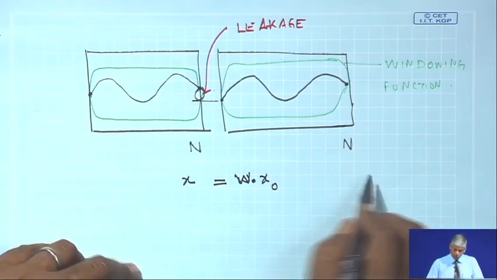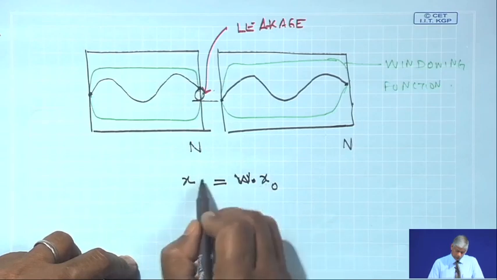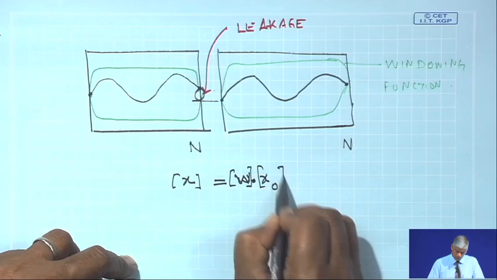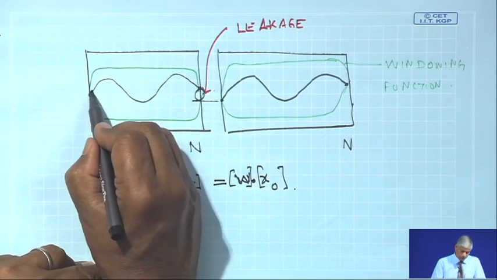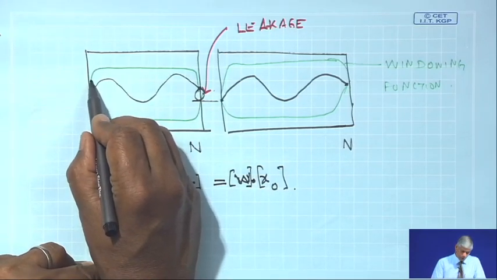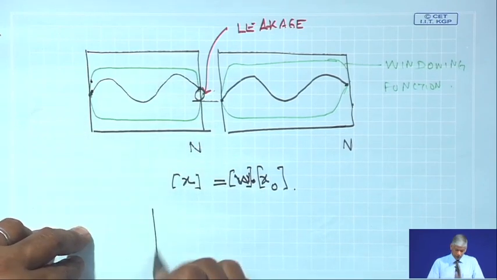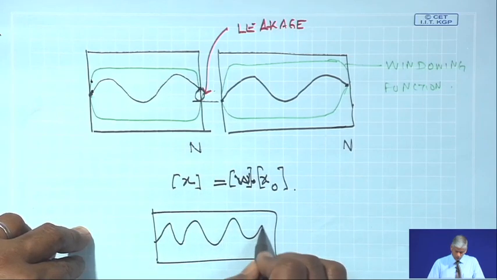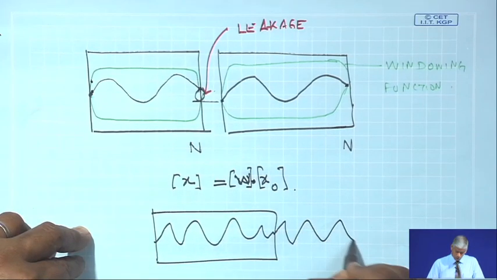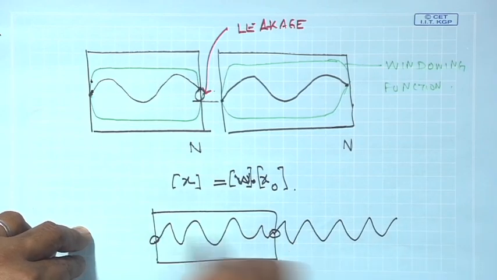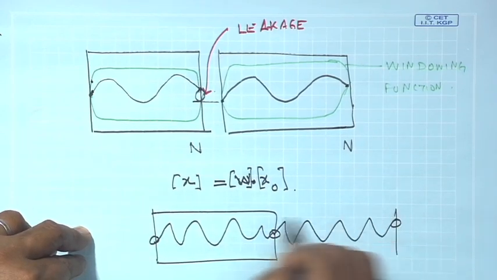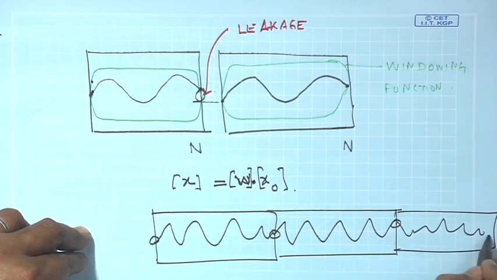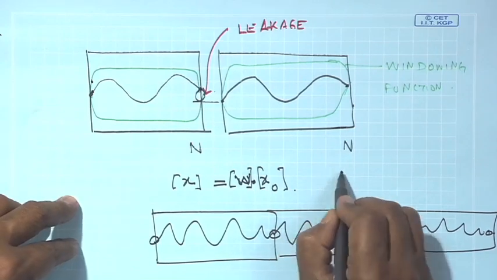X original is my sampled signal. So, I multiply x original to this window function, so it becomes 0 at the end, and thus I have what is known as a continuous signal. So, this continuity is maintained, and thus reduces leakage.